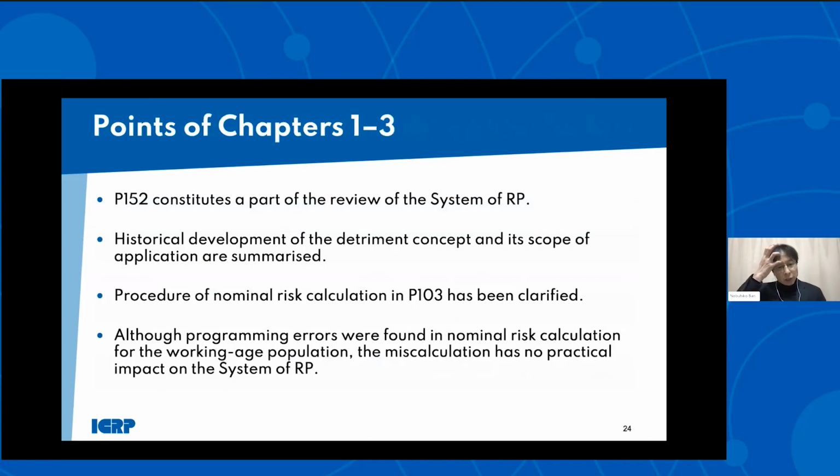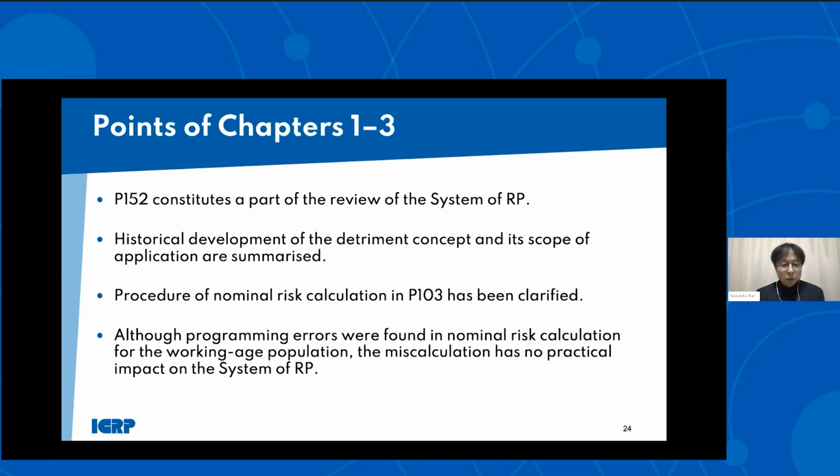And this is the summary of my part. For chapters 1 to 3 of Publication 152, this publication constitutes a part of the review of the system of radiological protection. Historical development of the detriment concept and its scope of application are summarized.